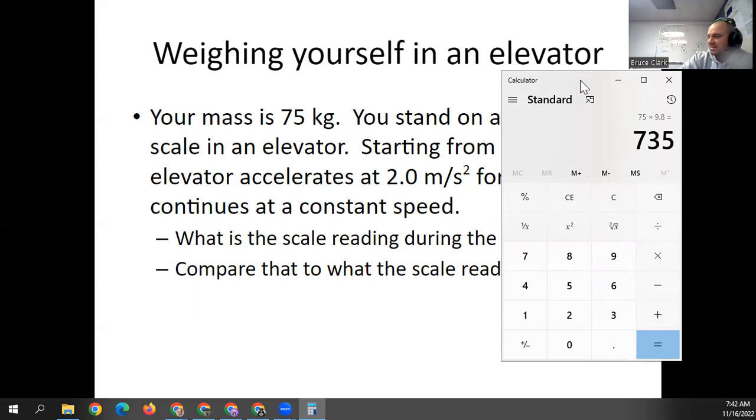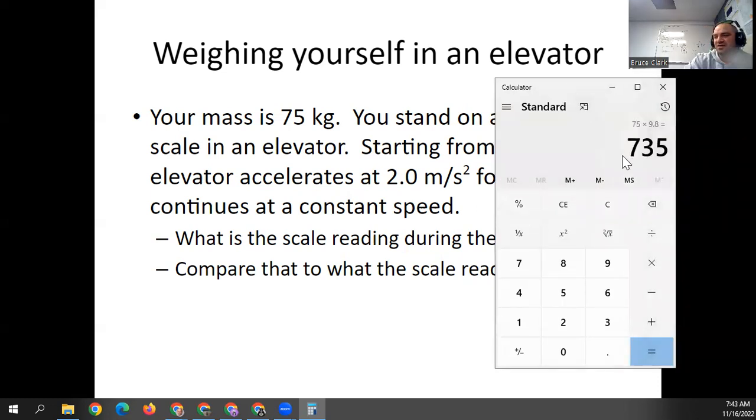Starting from rest, the elevator accelerates at 2.0 meters per second squared for 2 seconds. Who cares, it's for 2 seconds. What's the scale reading during that acceleration? So, mind you, it has to overcome this 735 and then accelerate you upwards at 2 meters per second squared. So it's to overcome gravity and then some.